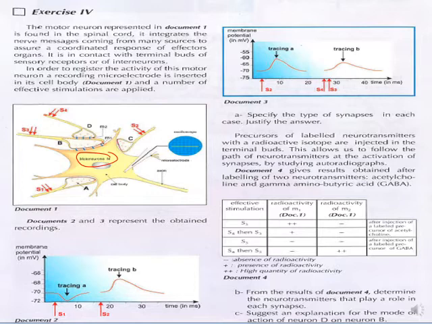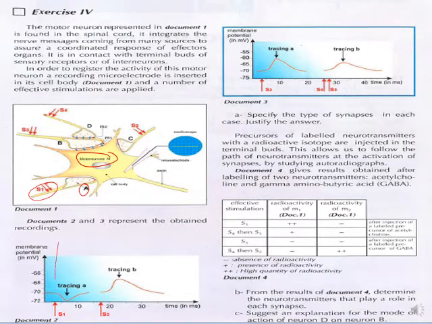Let's start by specifying the type of the synapses in each case, to justify your answer. So first of all, we have the synapse between neuron A and the motor neuron. Which type of stimulation is applied? The stimulation S1. So let's look at the recording of S1.